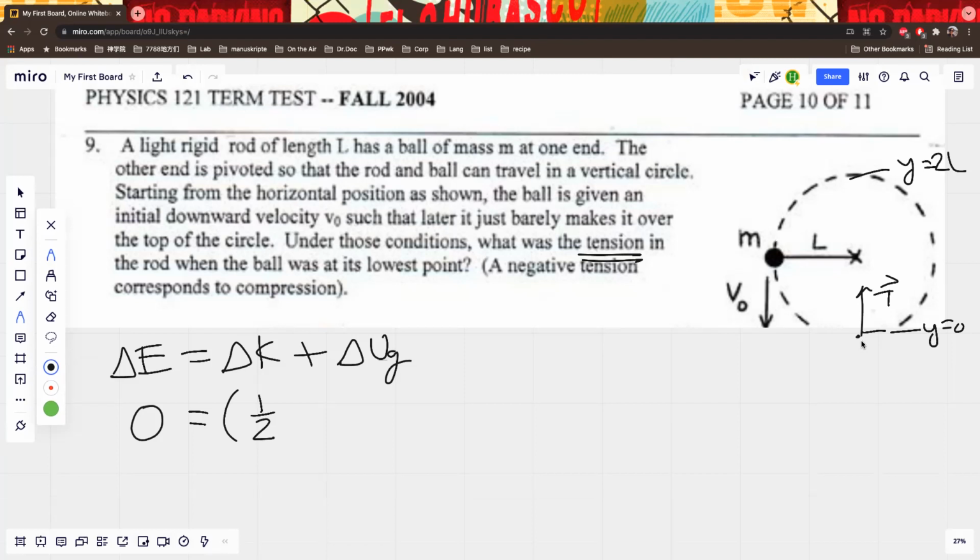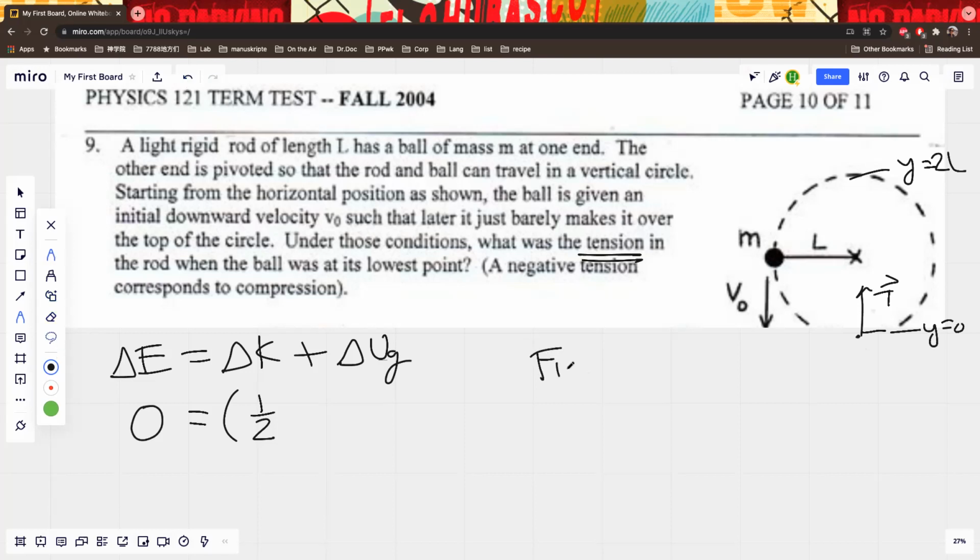I'm trying to think how I could. So tension is equal to... Oh yeah, we could do the net force equation. Yeah, okay.